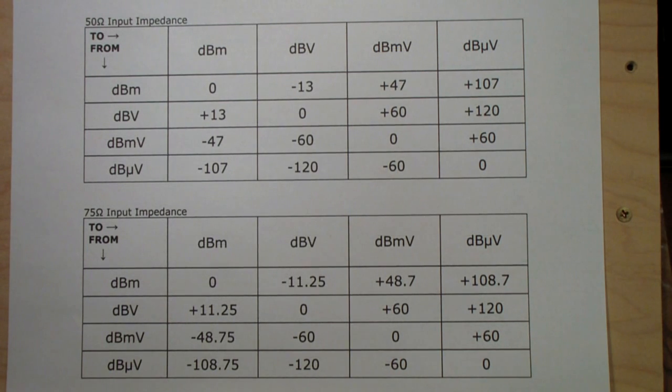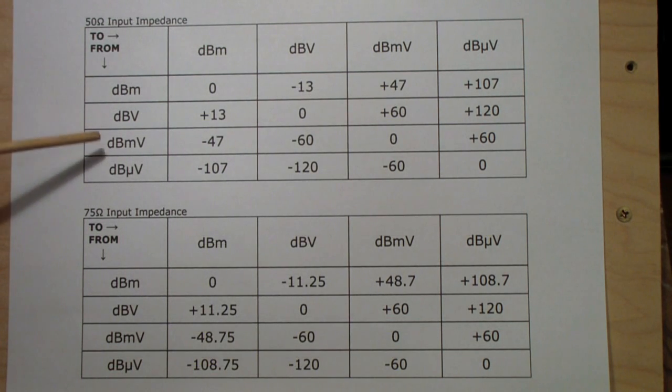Most scopes these days have a 1 meg input impedance, and if you use a 10x probe, it multiplies that to 10 meg. So the exact resistance that you're measuring the spectrum across can vary with an oscilloscope quite a bit. So they tend to use dB volts with an oscilloscope in the FFT position.